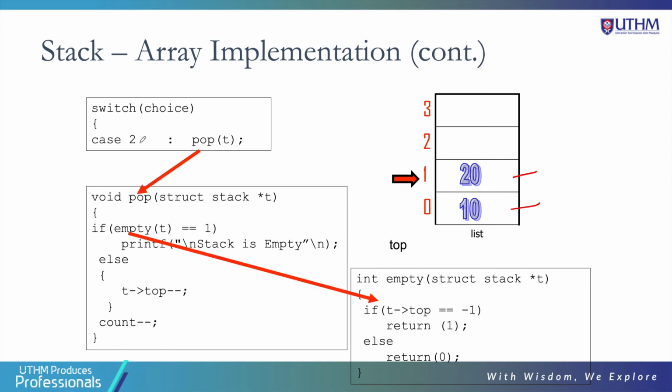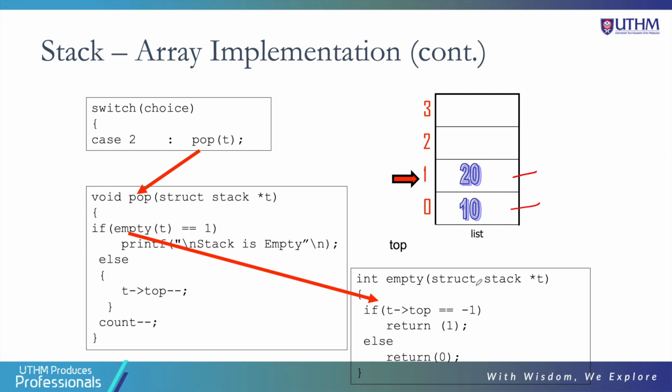So in case 2, let's say the user keys in number 2, so it will go to the pop function. We need to verify whether the stack is empty or not. So if empty equal to 1, is it empty equal to 1? Let's go to the empty function. Is t top equal to -1?